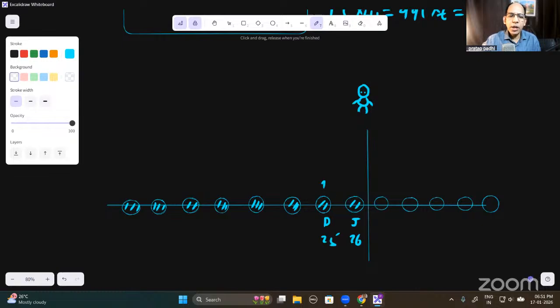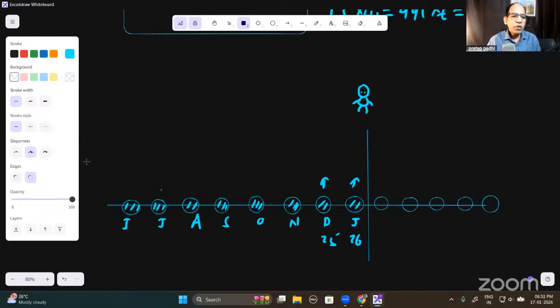Whatever data you want, you take it. Stock price, let me take stock price. This is November, October, September, August, July, June, all that. We have this data available. This is a stochastic process. So once we are here, we have this data available.